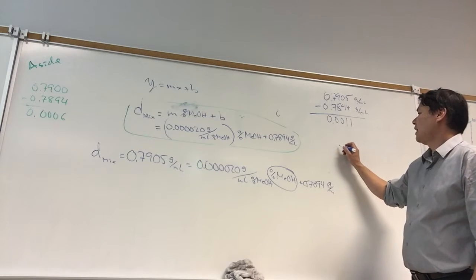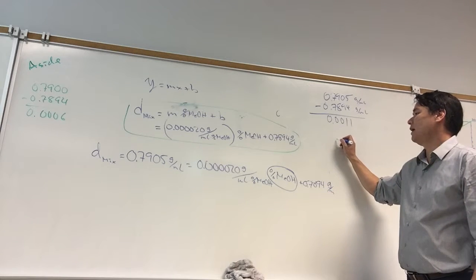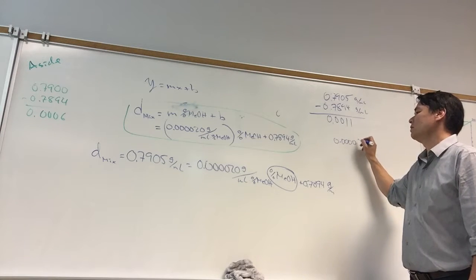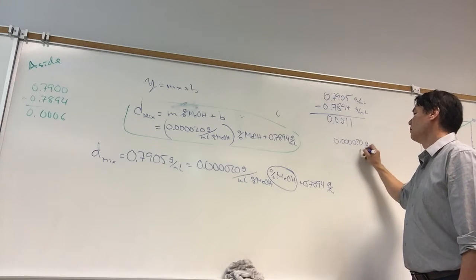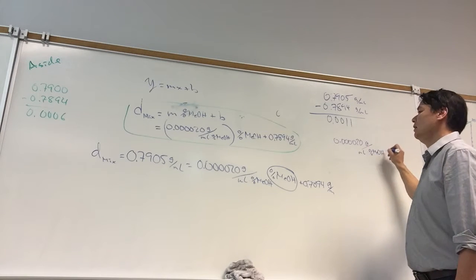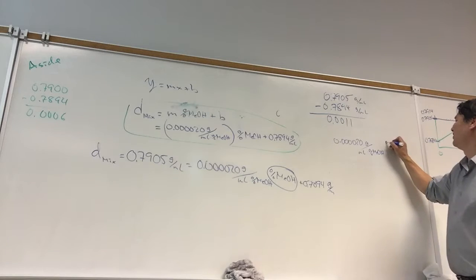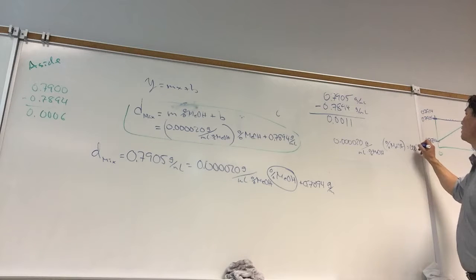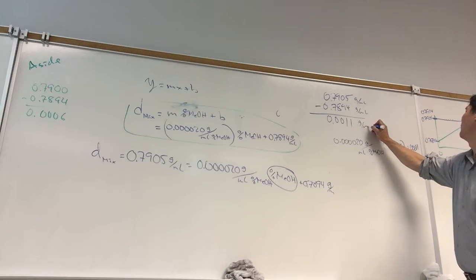And so what we have now is, or solve it for x, sorry, 0.000020 grams per milliliter per percent methanol times the percent methanol that we're trying to get is equal to 0.0011 grams per milliliter.